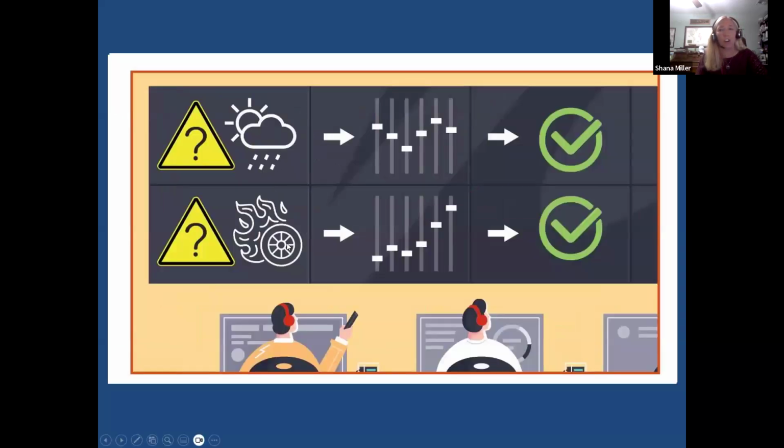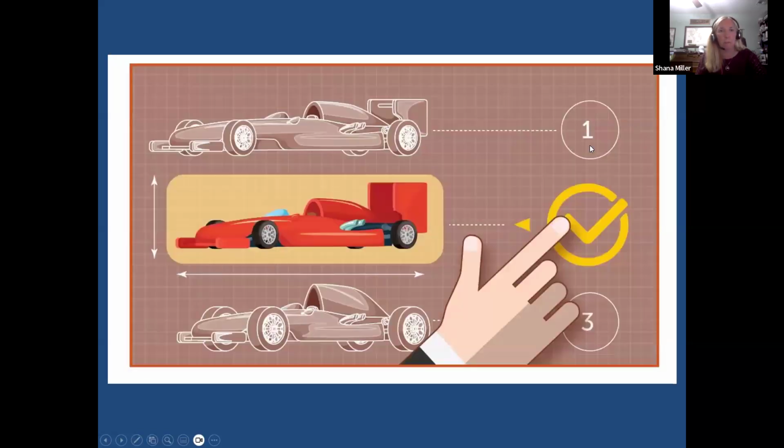Will the car crash? Will it do well despite different types of weather? We want to be able to meet both of the objectives, no crashing and performing well in bad weather. So we decide to pick number 2 as the design that wins.